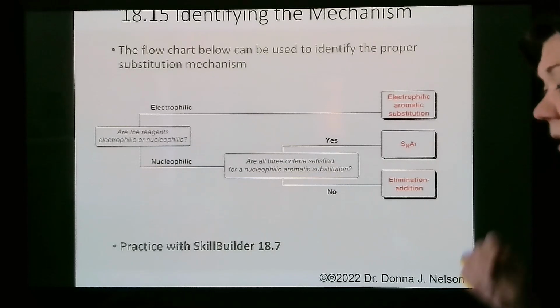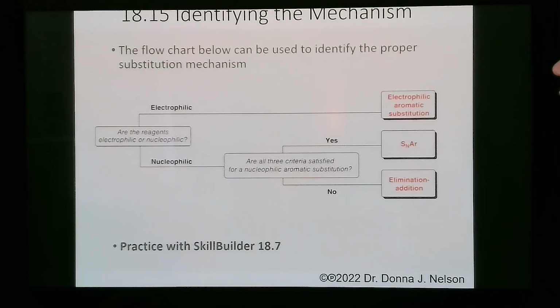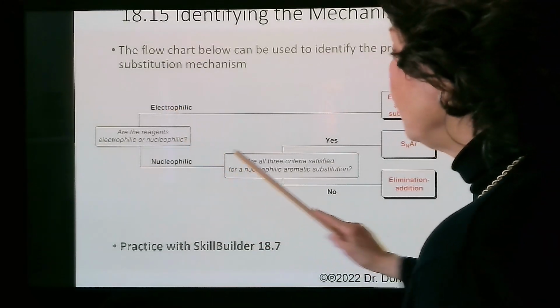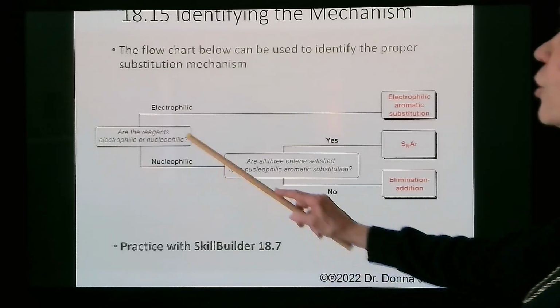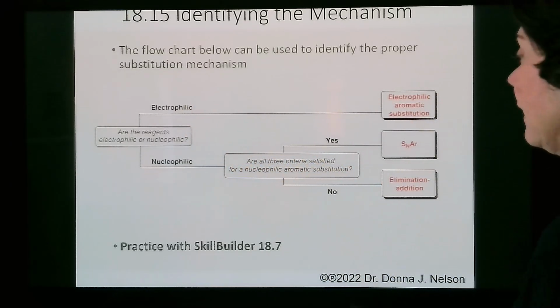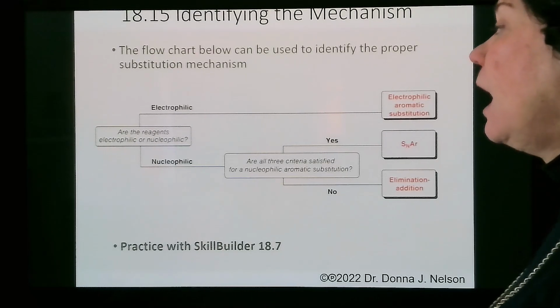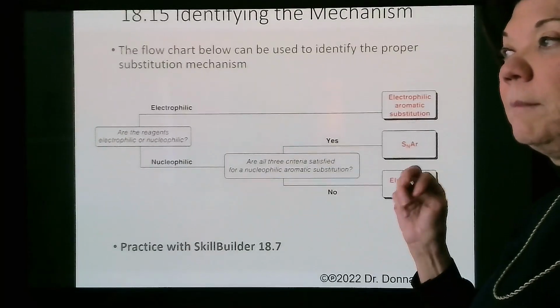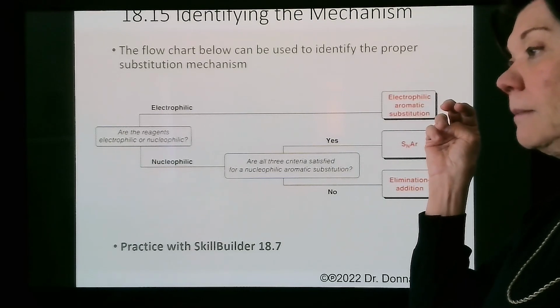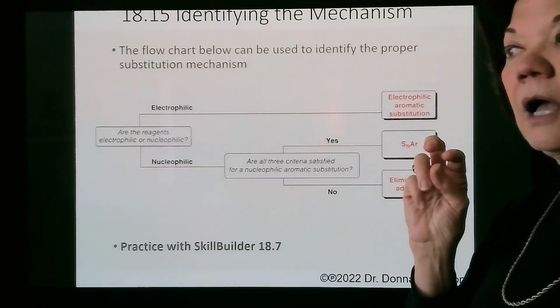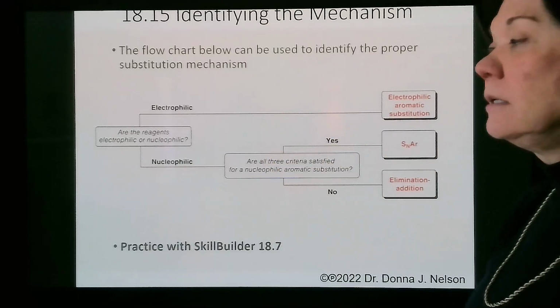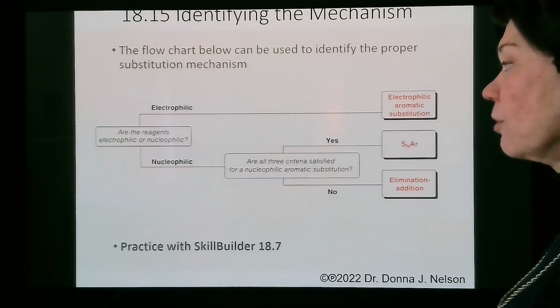And so this is a little short review chart. It lists the different types of reactions that you've seen in this chapter. The first type that you saw was electrophilic aromatic substitution, in which the electrophile comes in and attacks the pi system of the benzene ring.